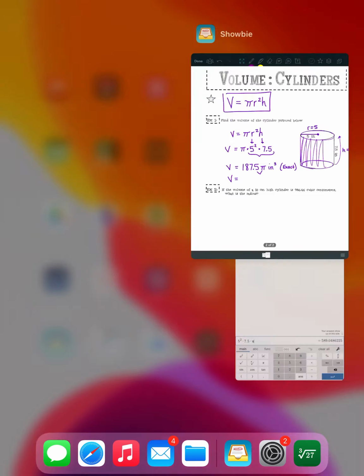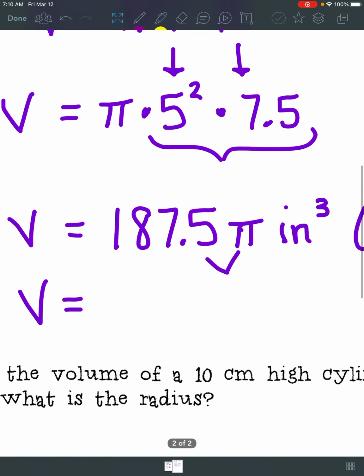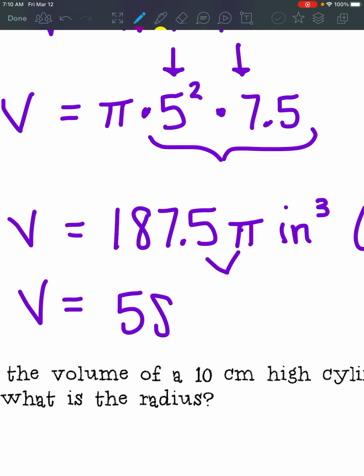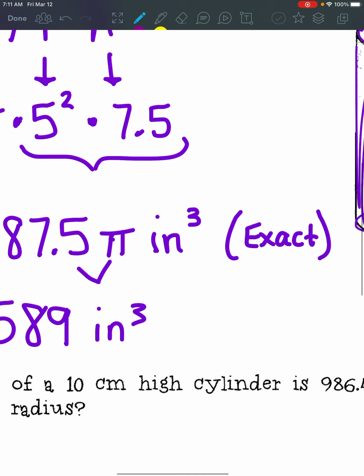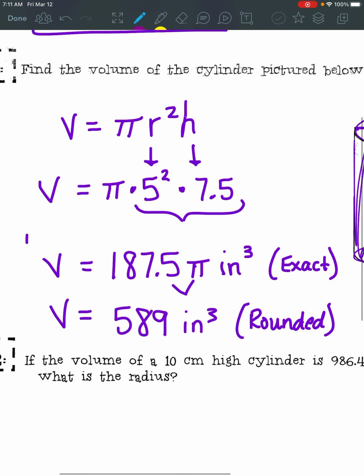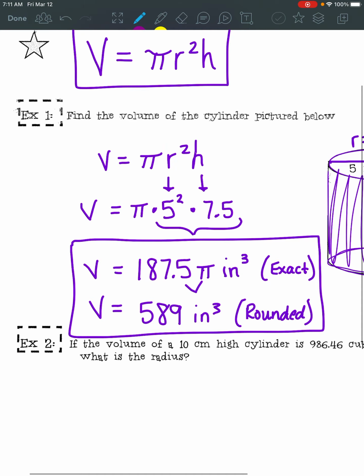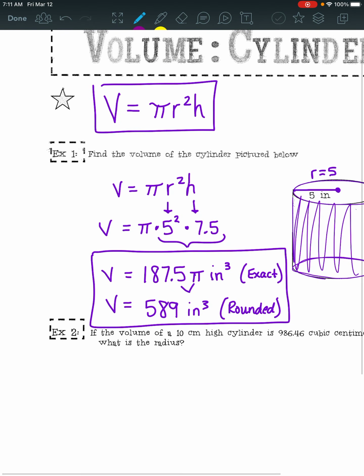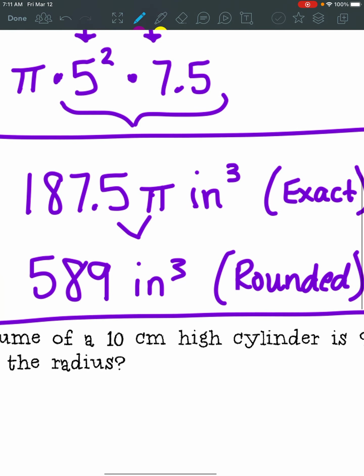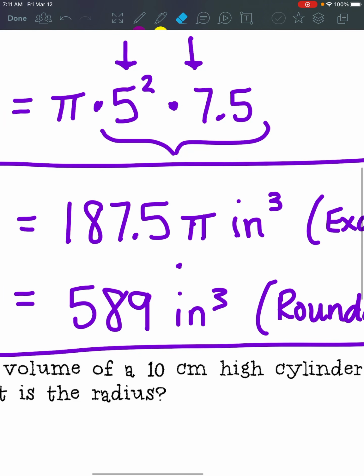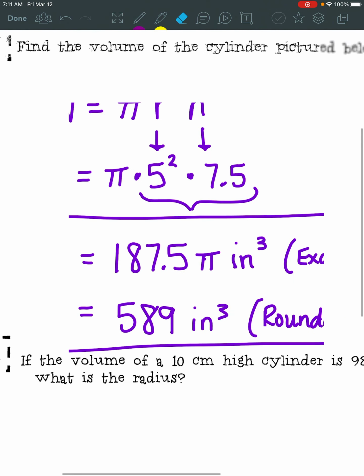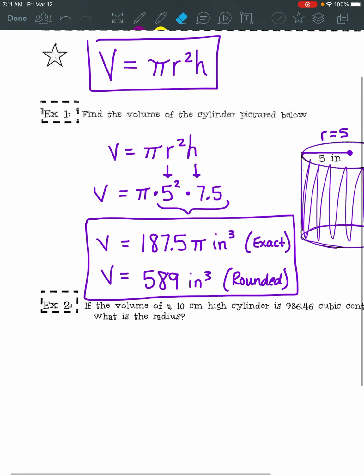So 589, if we round to the nearest tenth, it's just 0.0. So 589 inches cubed. And now that is the rounded volume because we multiplied by that pi button. So there, again, I gave you two answers. You always want to read instructions to determine which one you are finding. Are you doing the one with pi in the answer, or are you multiplying by pi? I'm going to get rid of that so that doesn't confuse you.